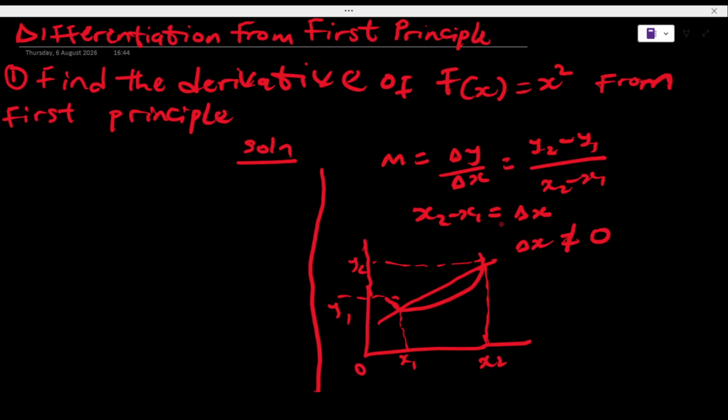For example, if x2 is 1 and x1 is 1, then 1 minus 1 gives a change in x of 0, but it's not like that here. So x2 and x1 will never be the same value, and since they are not the same, our change in x will never be equal to 0.